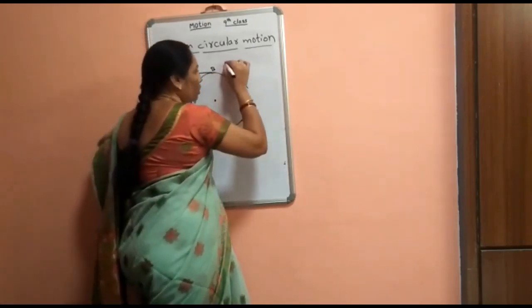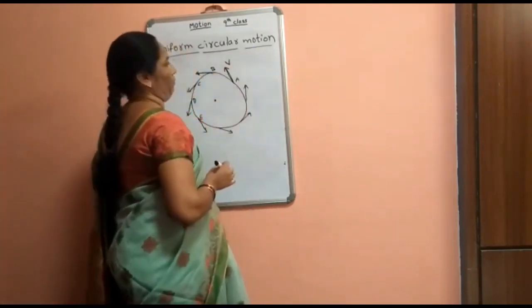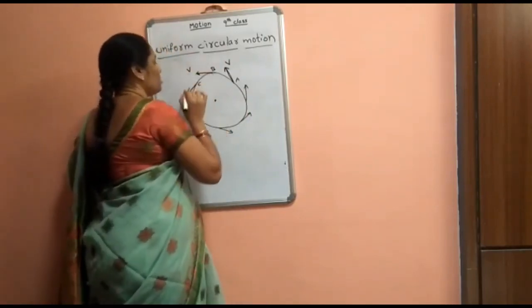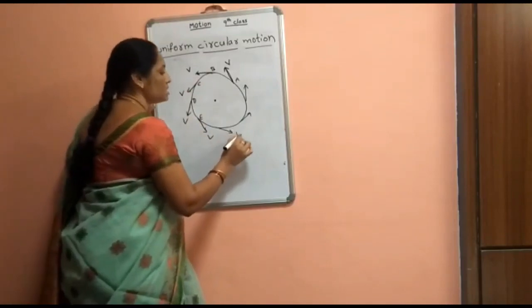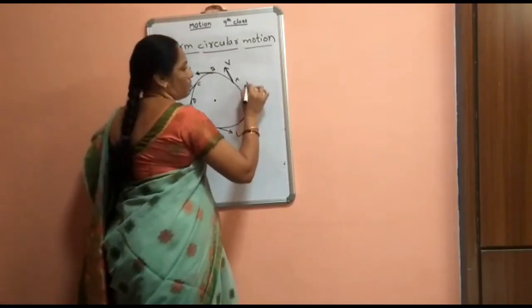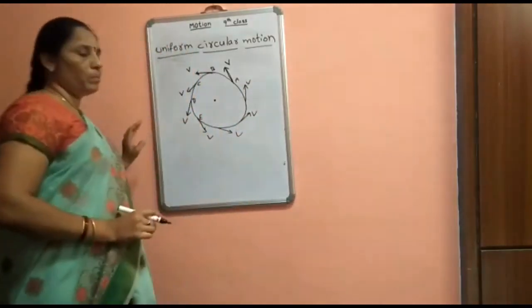So we can conclude that the velocity of the object also changes continuously from point to point.